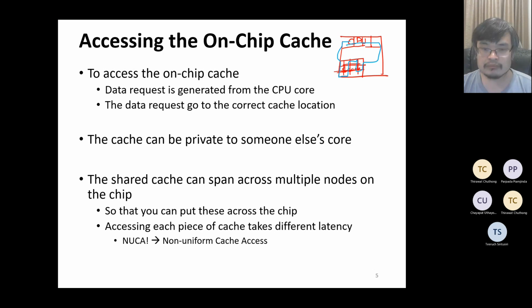And then when you want to access each of these caches, now that you have this network of things, it means that they will take a different amount of time, right? So now we'll talk about different types of interconnection network, from the most basic to the more complicated ones.